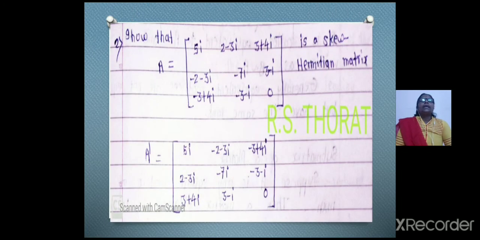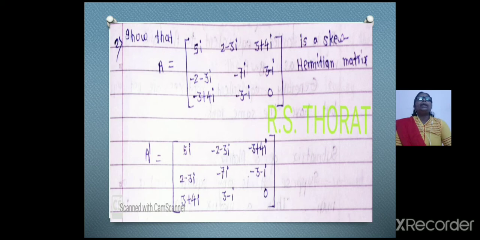Now consider another example. This is a square matrix A of order 3 by 3. This is a skew Hermitian matrix. Why is this a skew Hermitian matrix? Since diagonal elements are either 0 or purely imaginary numbers, and non-diagonal elements satisfy the condition Aij equal to minus Aji bar.